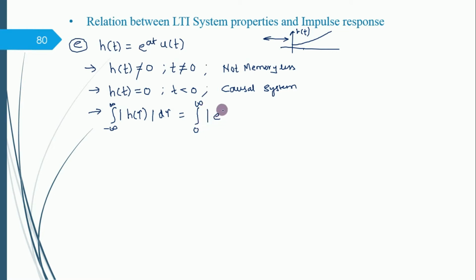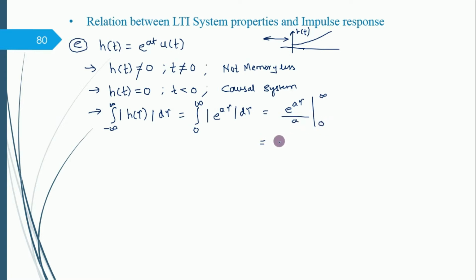So mod of e raised to a tau d tau. If I integrate it, I would get e raised to a tau divided by a, with the limits infinity to 0.